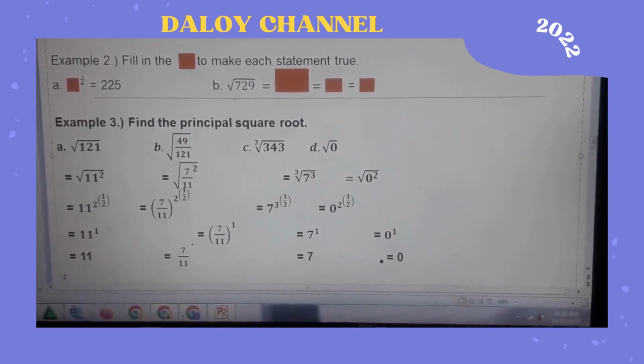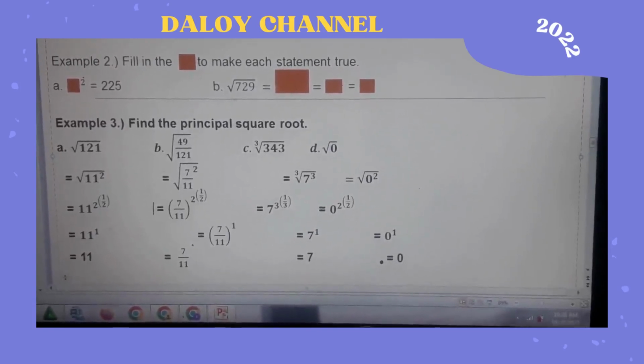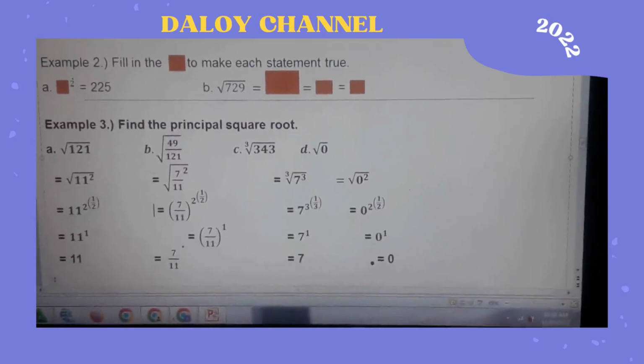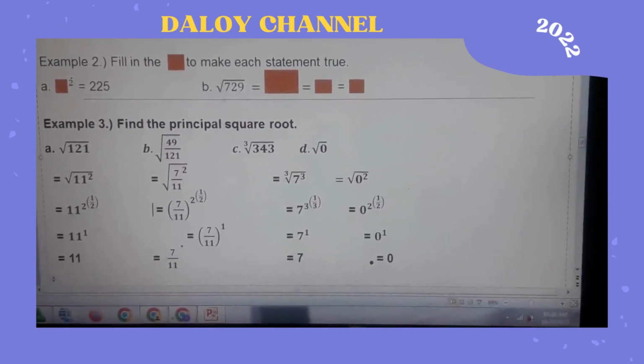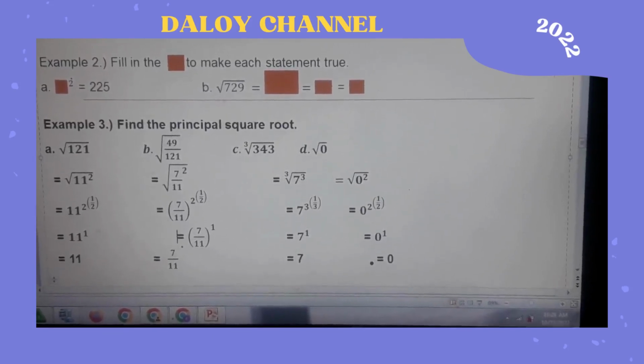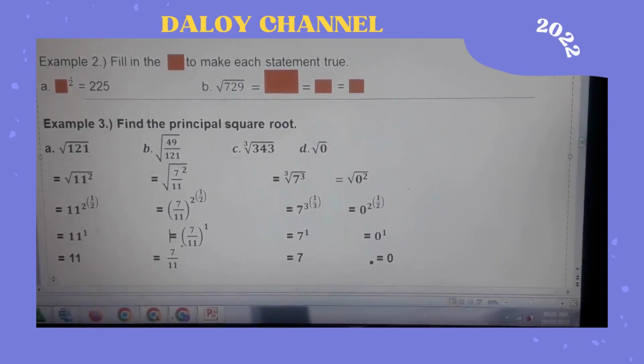We need to find a number that would serve as a perfect square. So what should be the number multiplied 2 times by itself to get a perfect squared number 49? And that is 7 times 7. So the square root of 7 squared corresponds to 7 over 11.